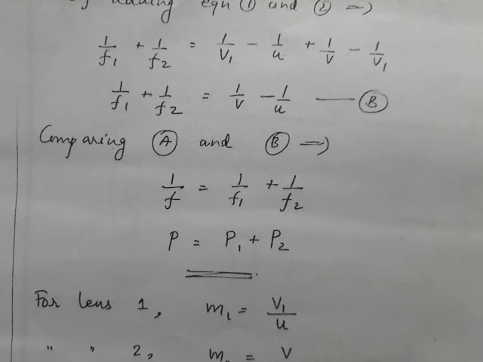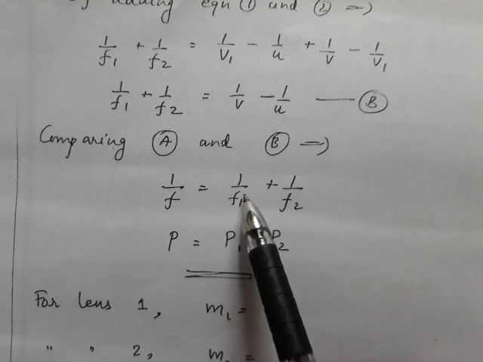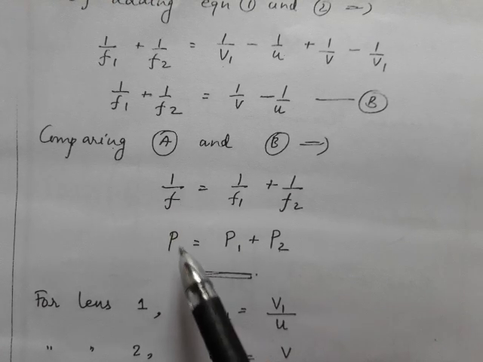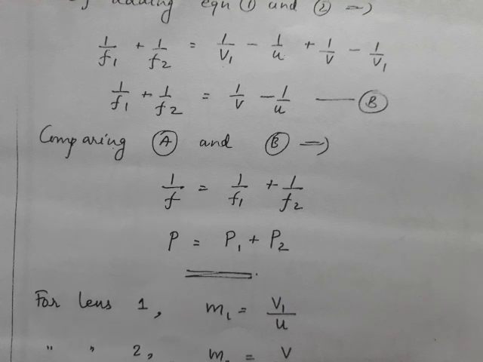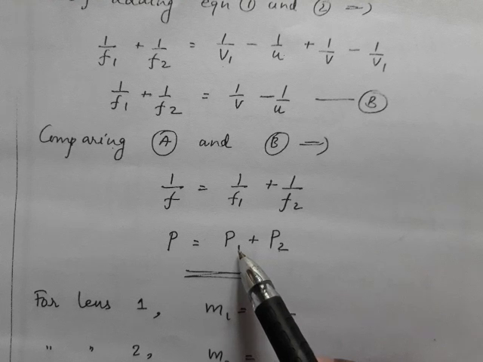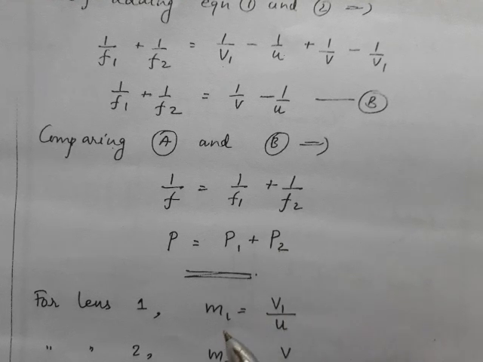Now we know that the reciprocal of focal length is the power. We have the definition for power, which is the reciprocal of focal length. So this is the power of the first lens, this is the power of the second lens, and this is the total effective power of the lenses together. So the two lenses together, their power is P. Power of the first lens is P1, power of the second lens is P2.